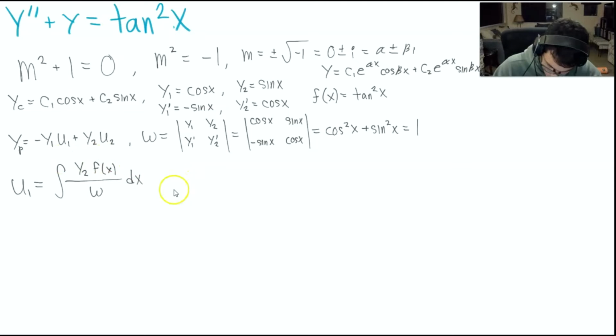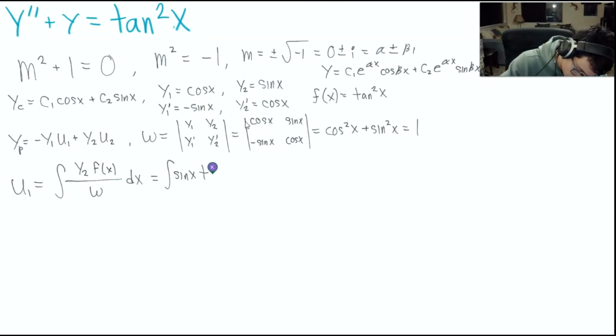You're fine. So y2 is sine x, and f of x is not cosine squared x, what am I saying? It's tangent squared x.